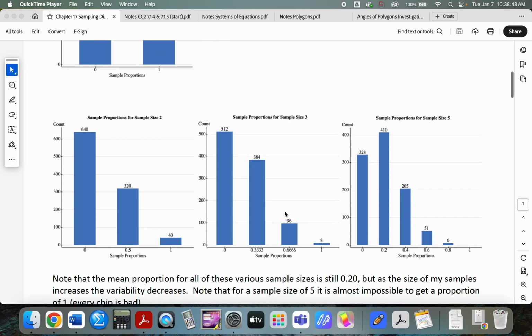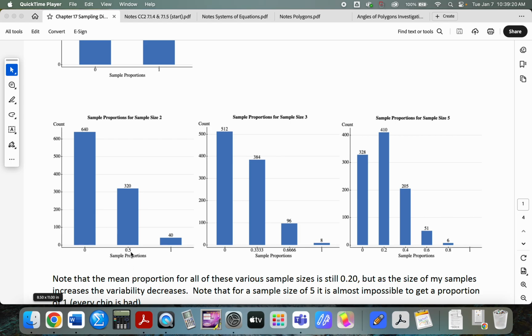Well, what if we took samples of size 2? It turns out, and you could actually work this out, but it takes a little while to do it, you would only have 40 where all of them were defective. So the 1 is going to be all of them.